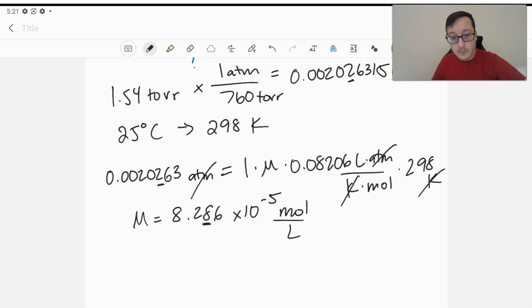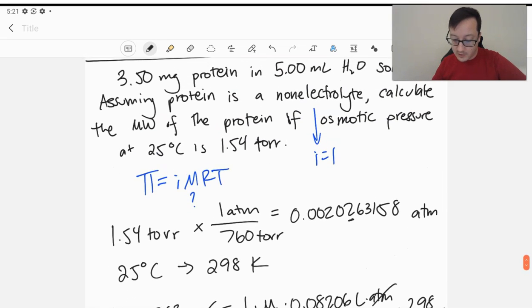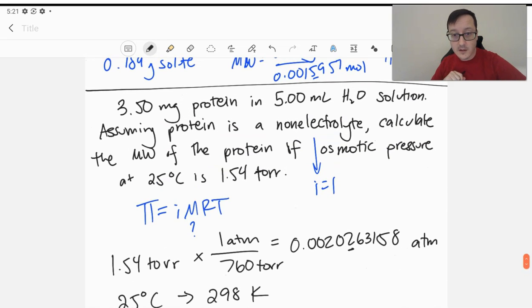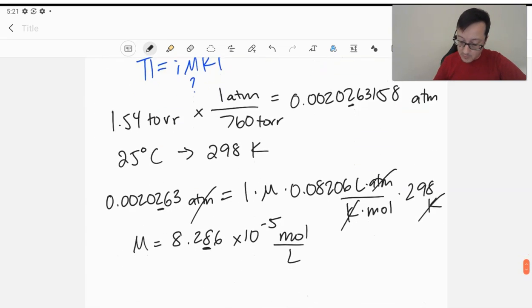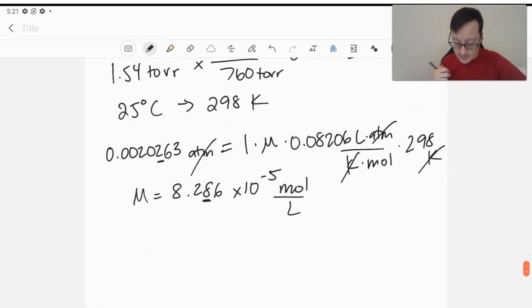And so, we want to think, how are we going to get moles so that we can figure out molar mass? We have to remember, in our original problem, we did have a volume, right? We had 5 mLs. So we can figure out the moles. That's how many moles in 1 liter. So how many moles in 0.005 liters?